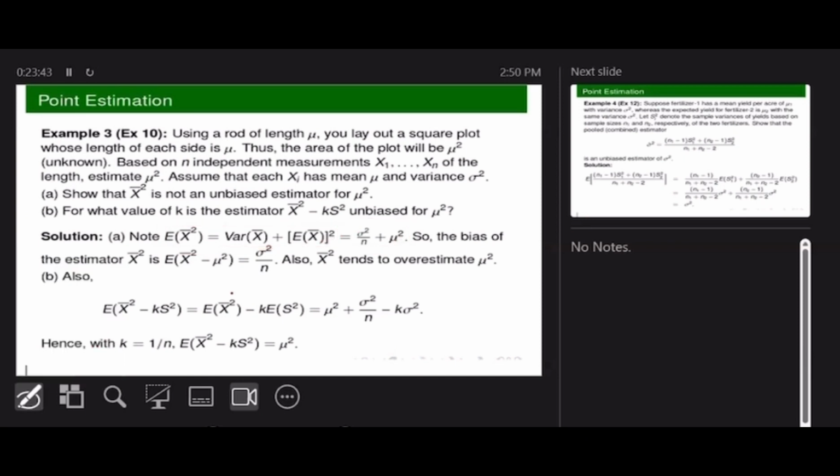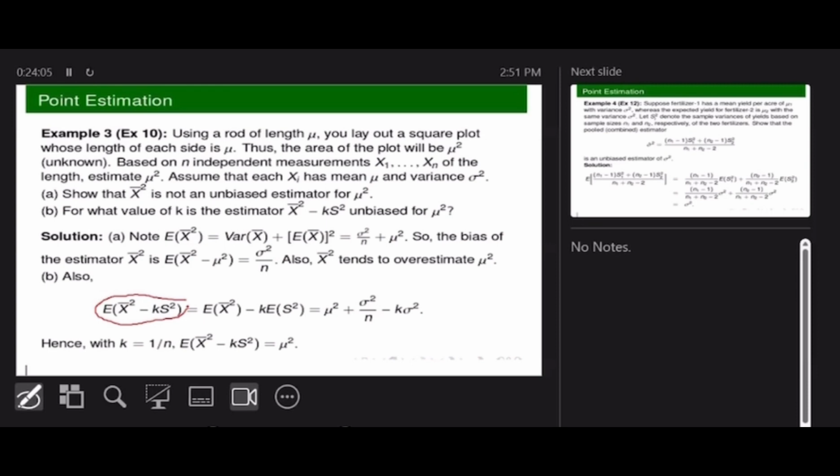Now, another thing we want to do. You were given this particular function because we know that X bar squared is going to be a biased estimator of mu squared. And we can at times suggest a linear combination of X bar squared.